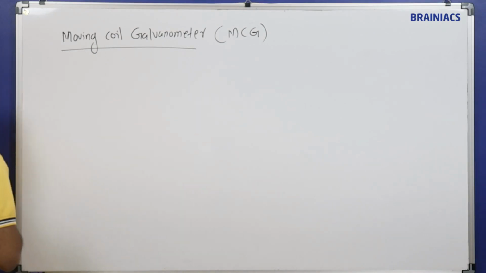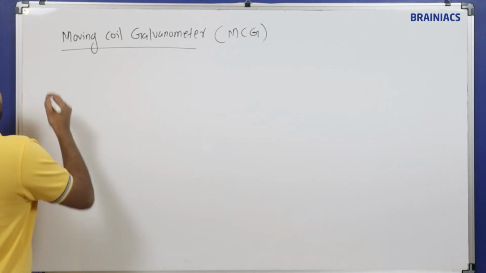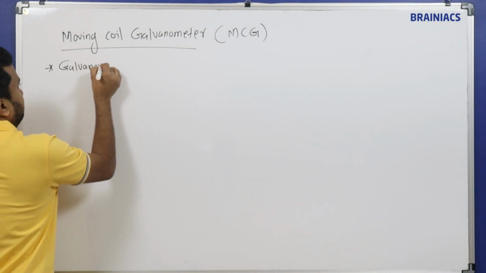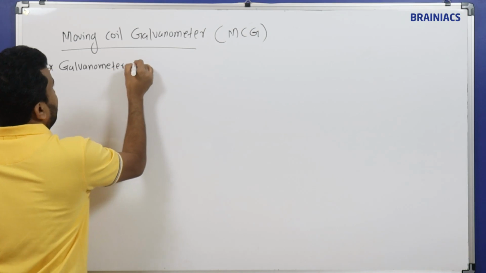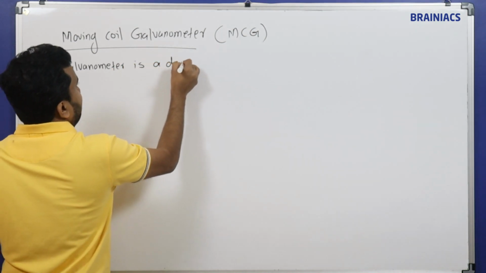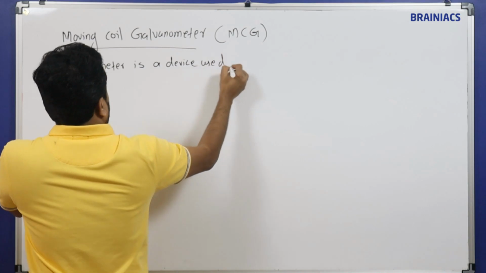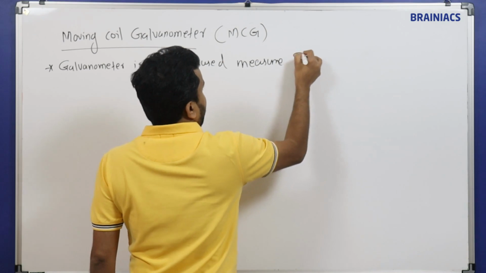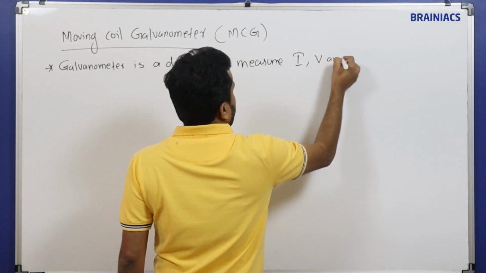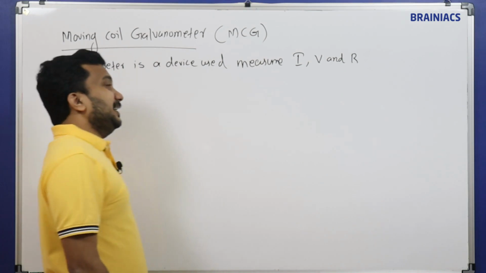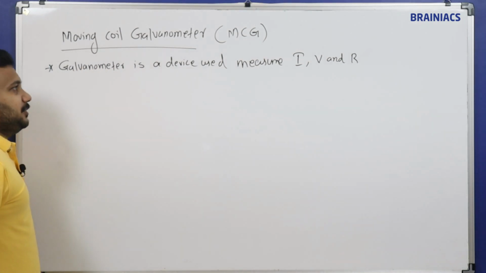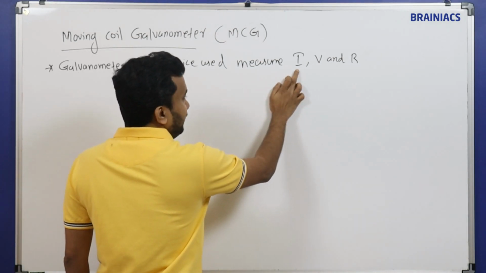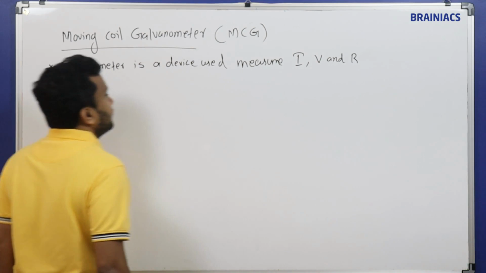So first we will write: galvanometer is a device used to measure current, voltage and resistance. There are multiple use cases, but in general, a galvanometer is a device used to measure current, voltage and resistance.